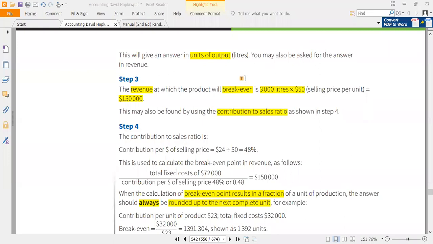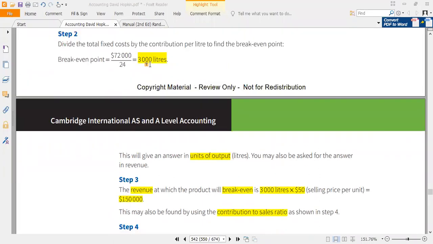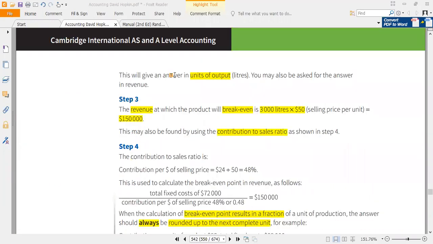Here we calculated break even in liters or units. We can also calculate break even in dollar sales or revenue. How? Simply take the break even you got, that is 3,000, and multiply by the selling price per unit.